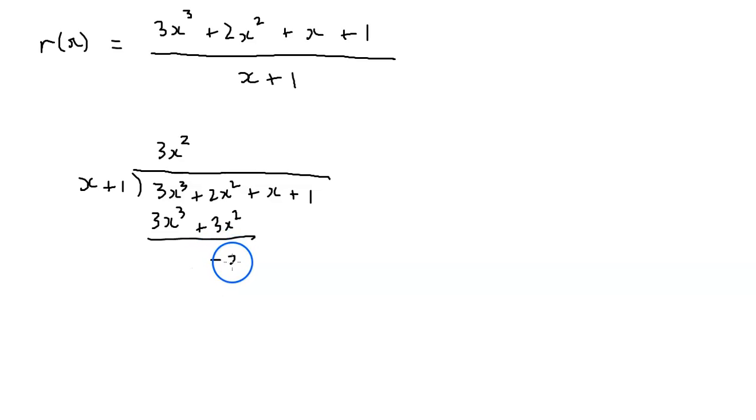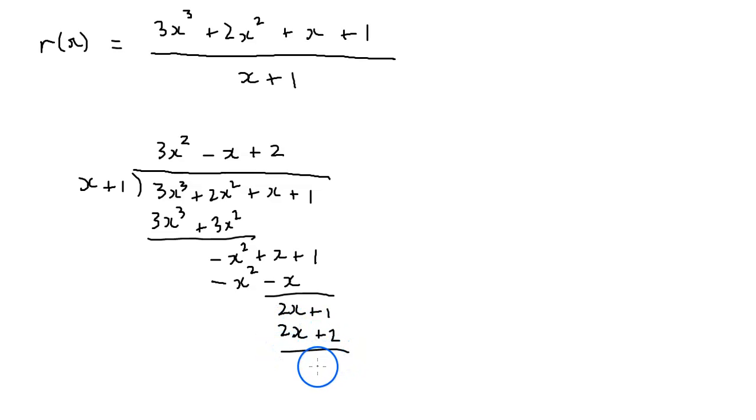So then negative x squared plus x plus 1. And then we multiply it by negative x. So that would give us negative x squared minus x. And then we get 2x plus 1. So then plus 2. And then just finish it off for fun. 2x plus 2 gives us negative 1 as a remainder.